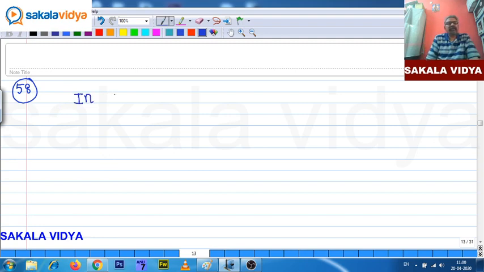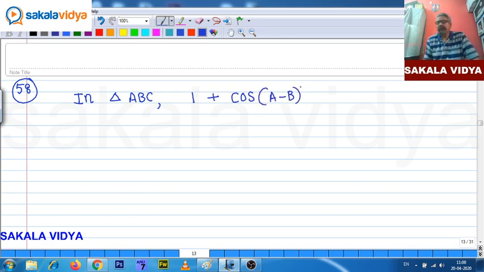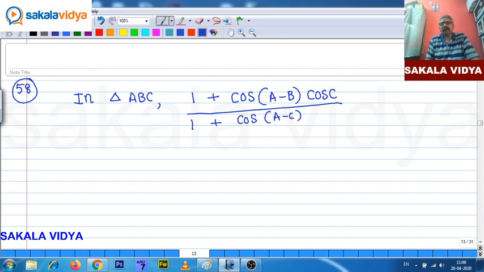In triangle ABC, 1 plus cos of A minus B multiplied by cos C, upon 1 plus cos of A minus C multiplied by cos B, equals.